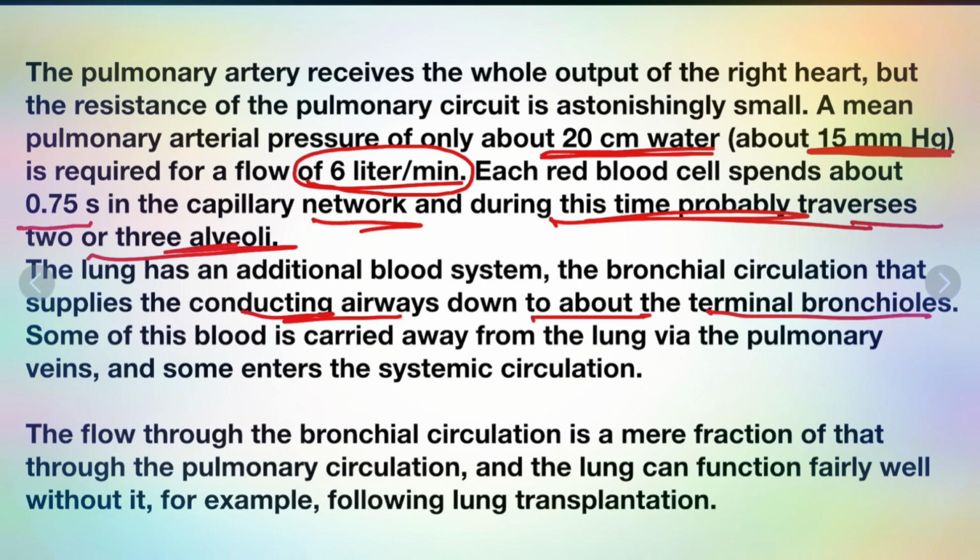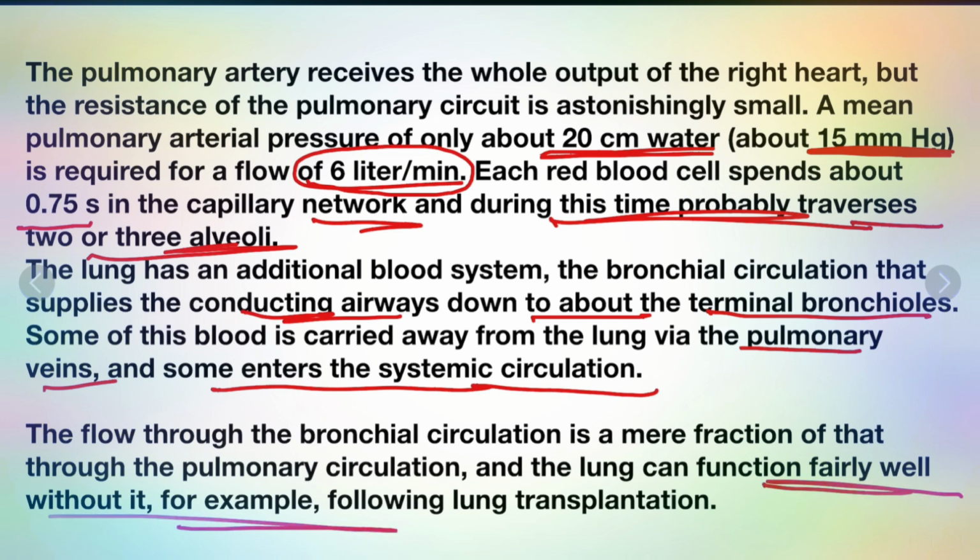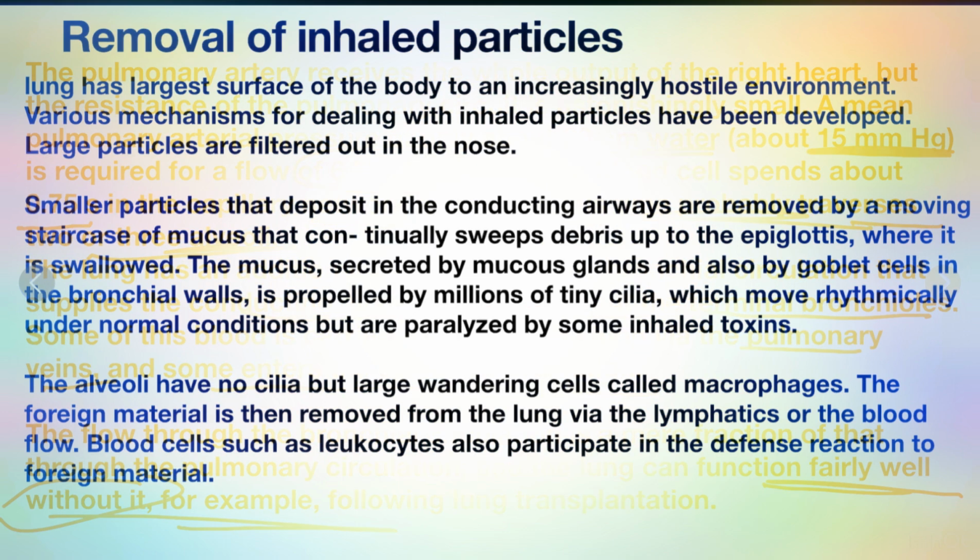Some of this blood is carried away from the lung by the pulmonary vein, and some enters the systemic circulation. The flow through the bronchial circulation is a mere fraction of that through the pulmonary circulation, and the lung can function fairly well without it. Following lung transplantation, lungs function very well.